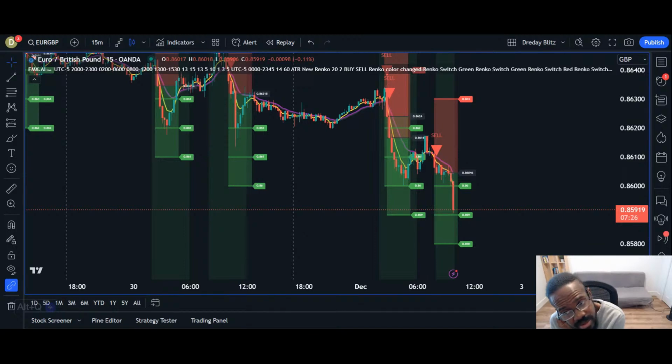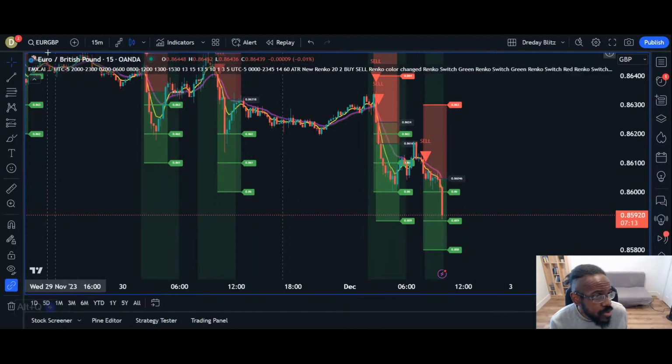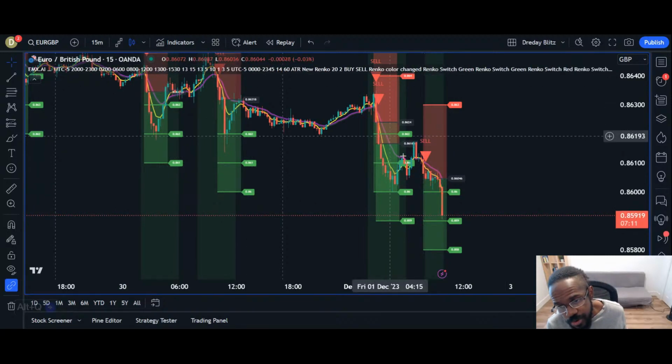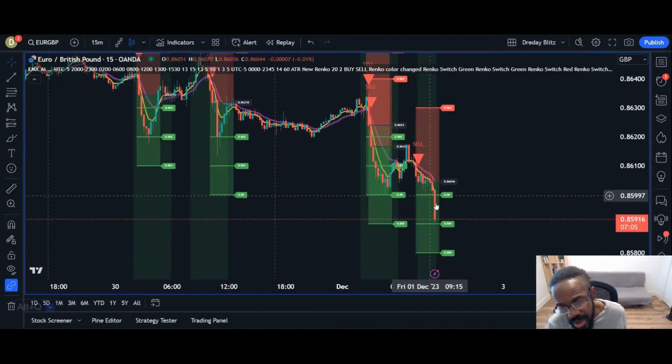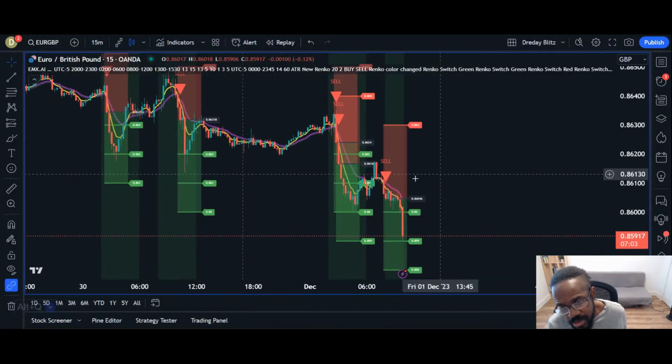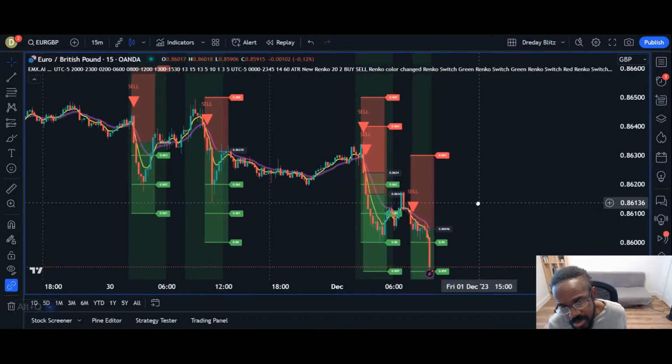So that means that the pound is stronger than the euro. Why? Because you're trading euro against the pound. So if euro pound is selling down, that means that the pound is stronger than the euro for that day. That's exactly what it's telling you.